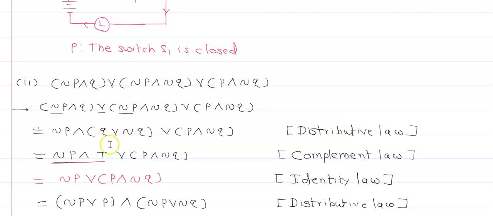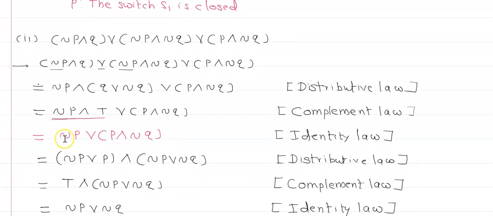Now, what is the value of Q or negation of Q by the complement law? It is T. Next is negation of P and T, which by the identity law depends on the value of negation of P. Therefore, it is negation of P or P and negation of Q. Now the negation of P is distributed over the AND: negation of P or P, and negation of P or negation of Q. The value of negation of P or P is T by the complement law.